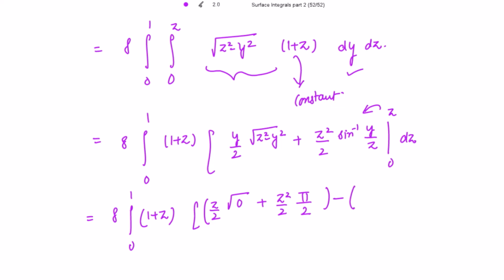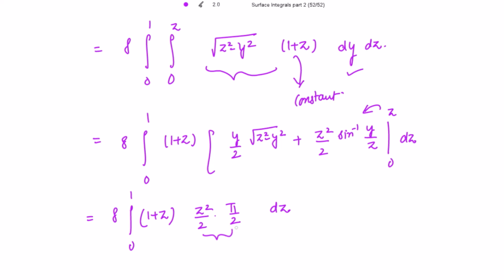Minus, when putting the lower limit, the first term is 0, plus the second term z² by 2 times sine inverse of 0 by z, and sine inverse 0 is 0, and 0 multiplied with z² by 2 is 0. So we have only this term.